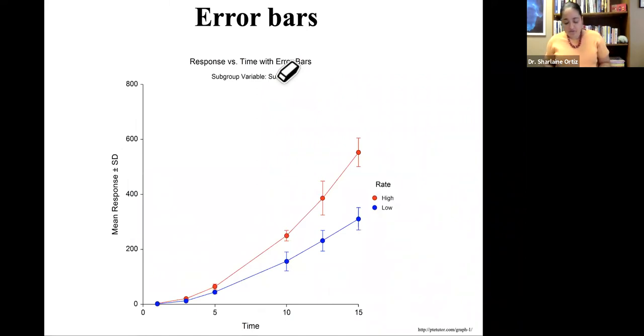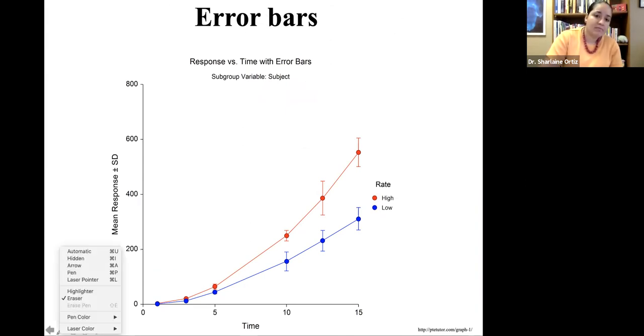Now here we have another illustration. Like I said, we can use them with bars and we can use it with line charts. So notice in the same example, here we have an example of a response time and the mean response.